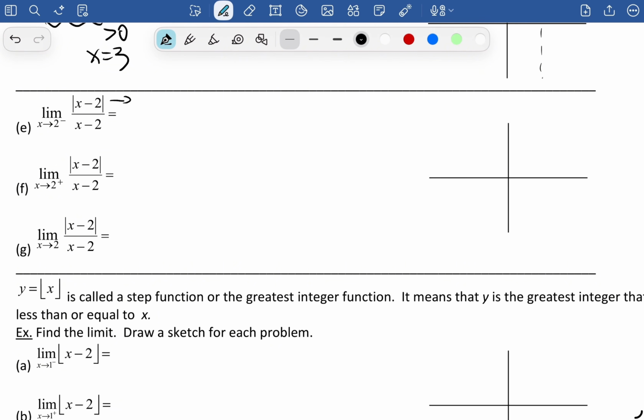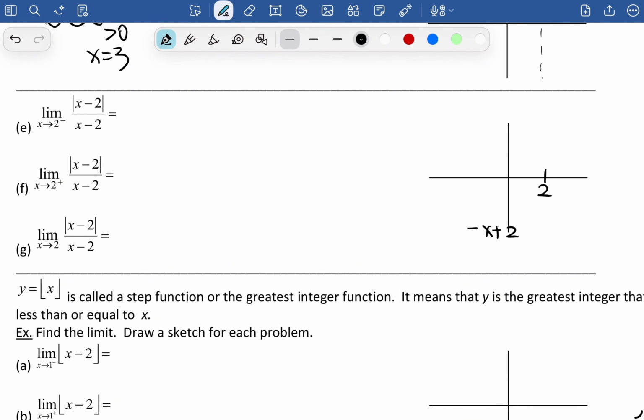What is this function? As you learned in AP pre-calc, this is called the absolute value function. And we know that there's a breakpoint because it could be both negative and positive. For this question, the breakpoint is simply x equals 2, right? If it's to the left of x equals 2, it's going to be negative, so the whole thing will be negative x plus 2.